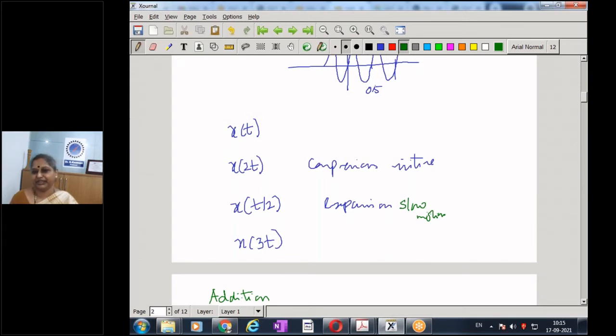Similarly, say you're sitting at home watching a movie, and you do not want to watch certain scenes, so you try to skip them and want it to go fast. What is that process? x of 2t is compression in time, which is equivalent to the fast forward operation that we do when we watch a movie or any recorded event.